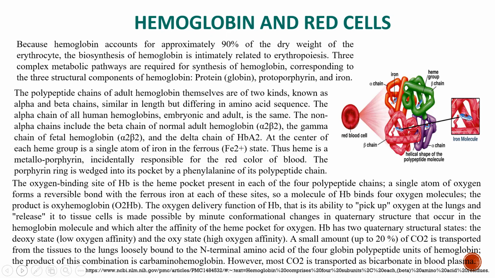The porphyrin ring is wedged into its pocket by phenylalanine of its polypeptide chain. The oxygen binding site of hemoglobin is the heme pocket present in each of the four polypeptide chains. A single molecule of oxygen forms a reversible bond with the ferrous iron of each of these sites.